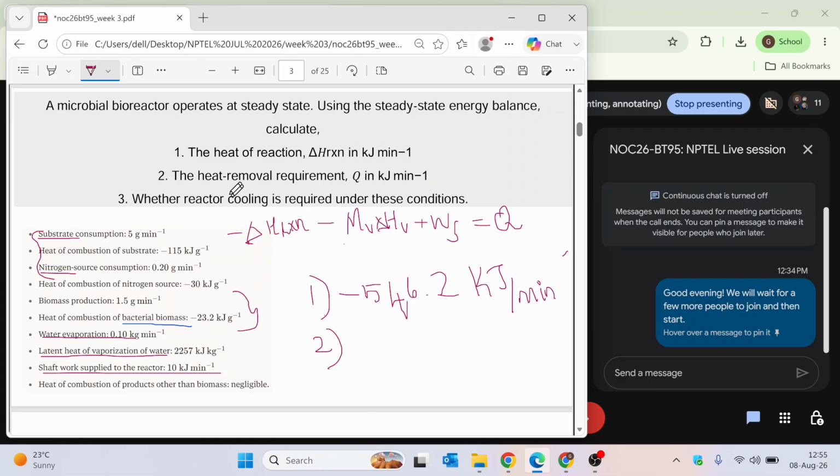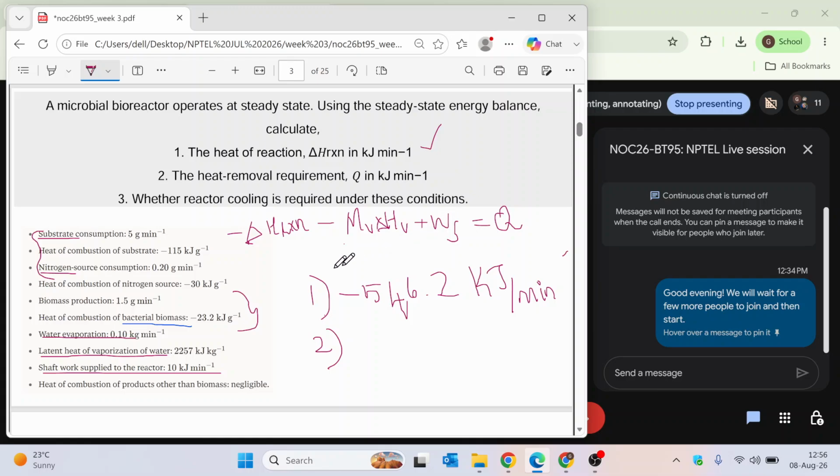Del H reaction you have found in the first question itself, so that is minus 546.2 kilojoules per minute, and your mv del hv is what you account for the water loss. mv is the amount of water that is evaporated, which is 0.1 kilogram per minute, and your del hv value, which is the latent heat of vaporization, is 2257 kilojoule per kilogram.